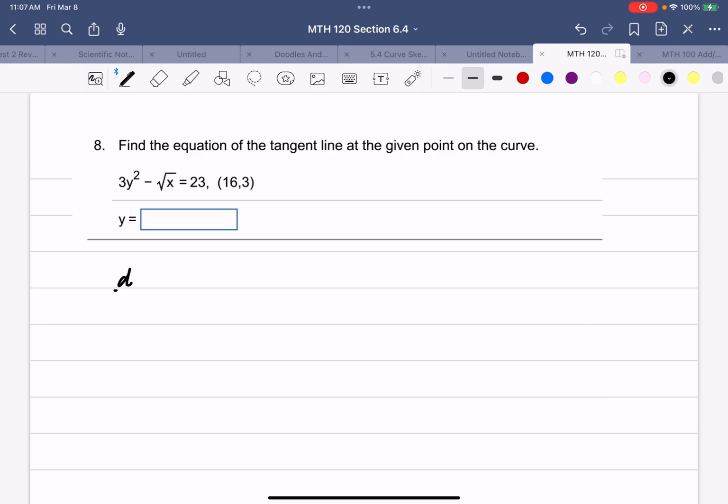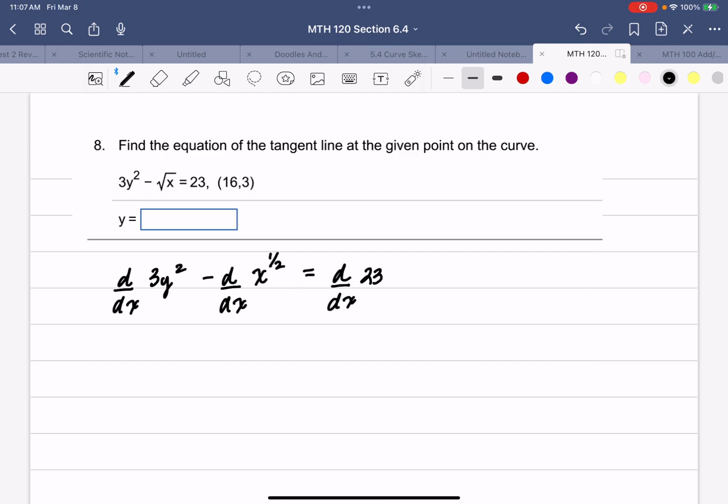So the derivative with respect to x of 3y squared, minus the derivative with respect to x of x to the 1/2, so I'll go ahead and write my square root as x to the 1/2, equals the derivative with respect to x of 23.